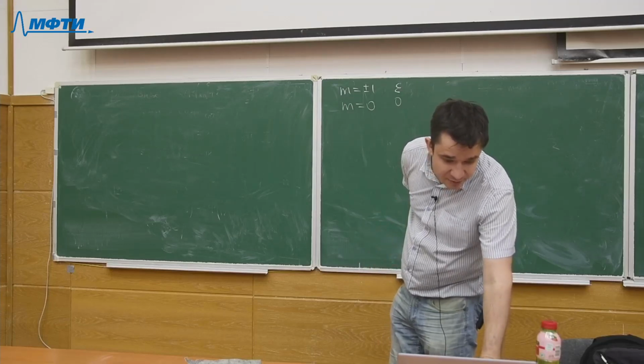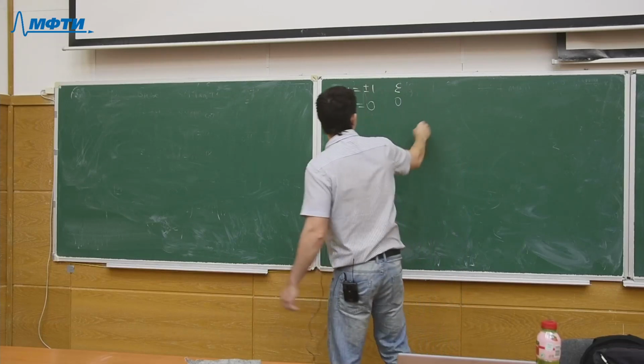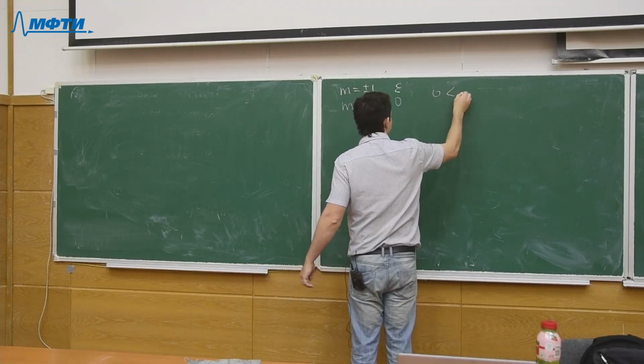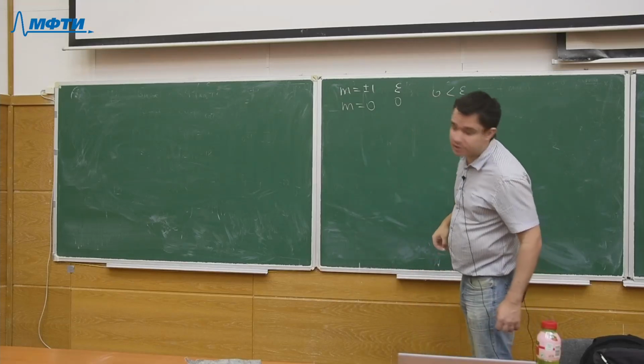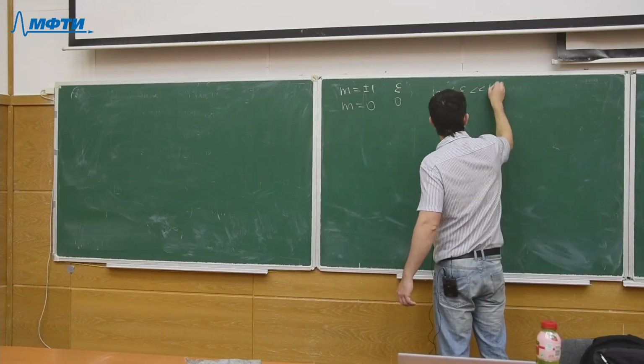Calculate the entropy of the system when epsilon, which is quite obvious, is much less than kBT.